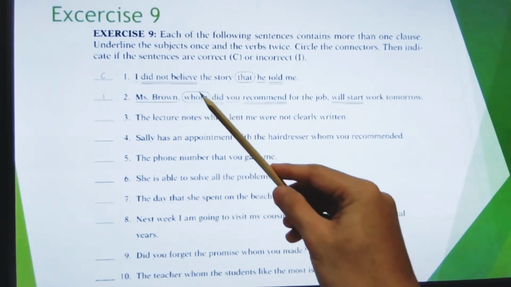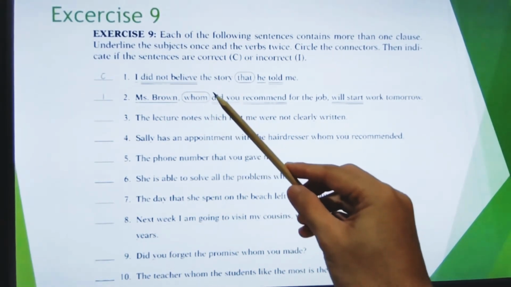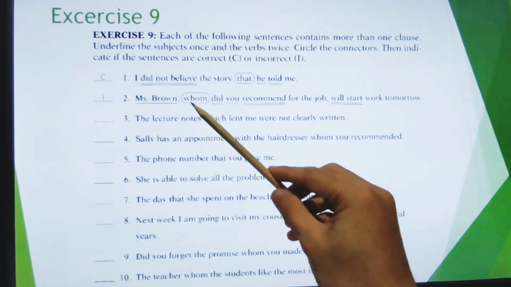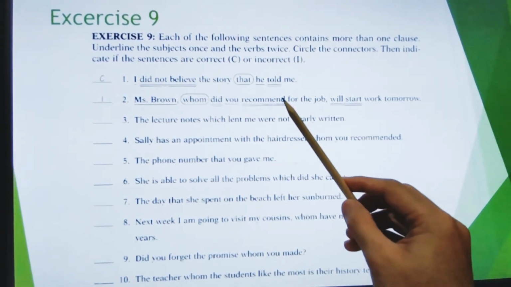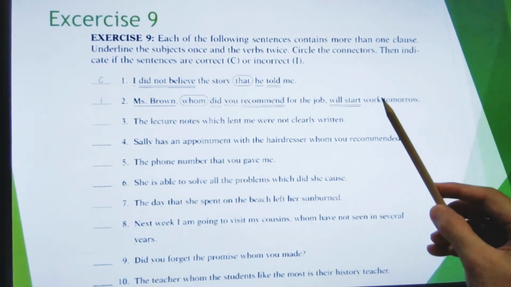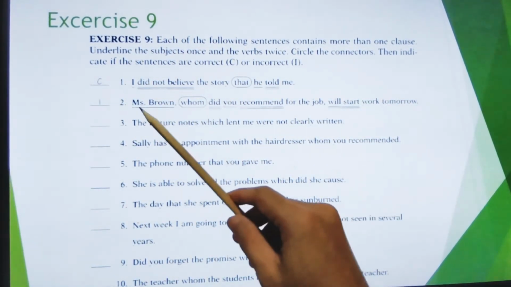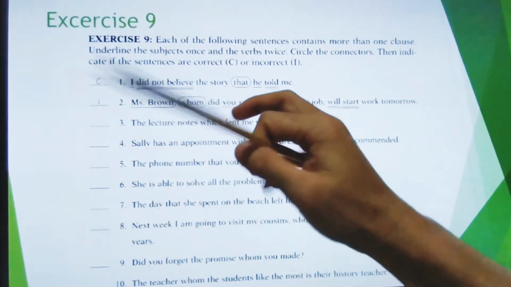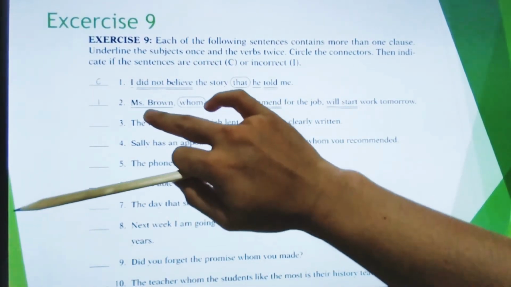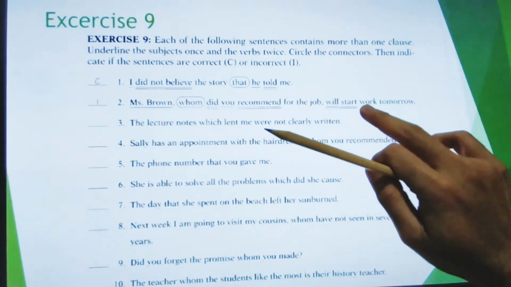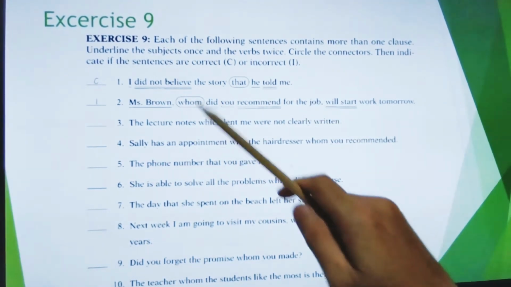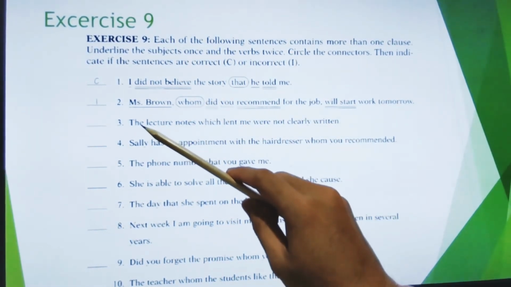After the connector there is supposed to be a dependent subject. So: whom you recommended for the job will start work tomorrow. If we omit this, the sentence is correct: Miss Brown will start work tomorrow.